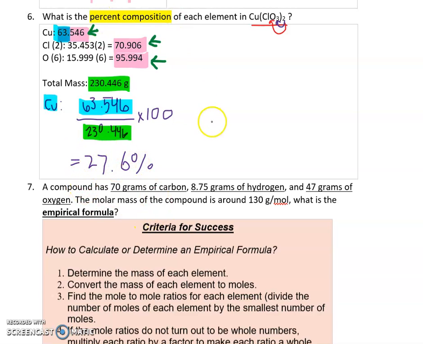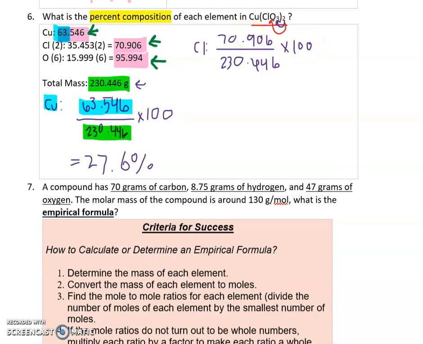So now let's do that for chlorine. The mass that I have for chlorine is 70.906. That's the total mass that chlorine makes up in my compound. I'm going to divide that by the total mass of the compound that we found, 230.446, and then all of that times 100.